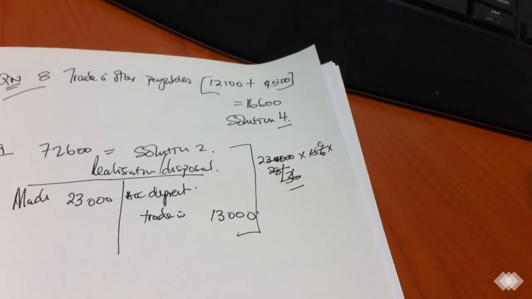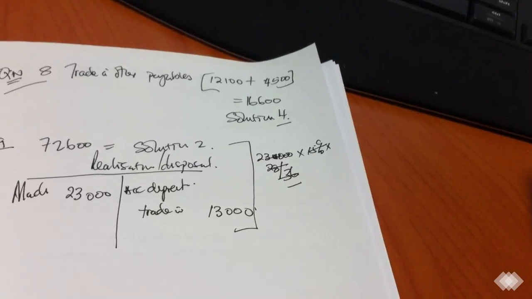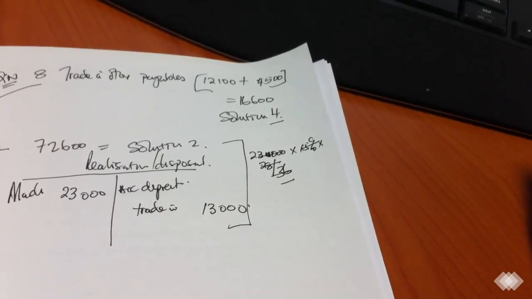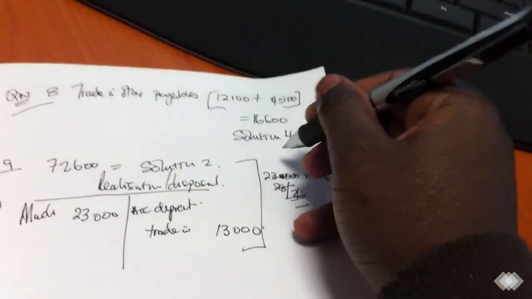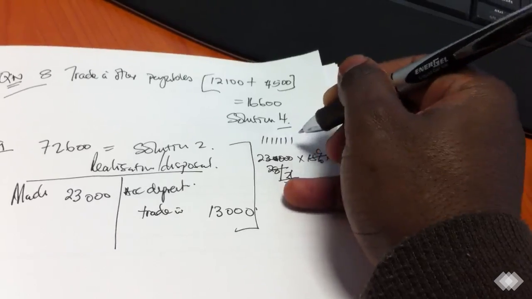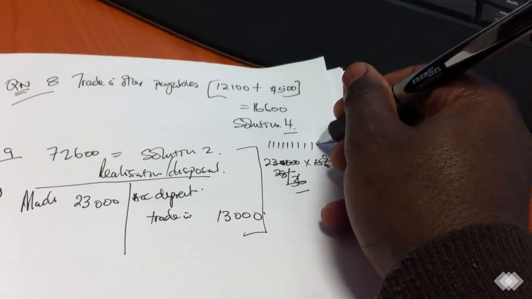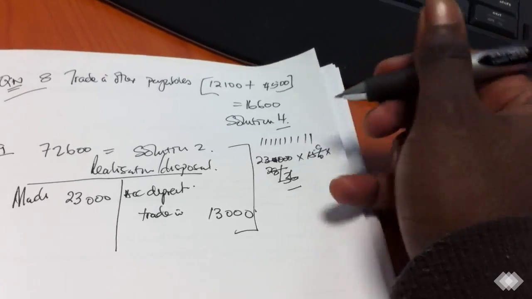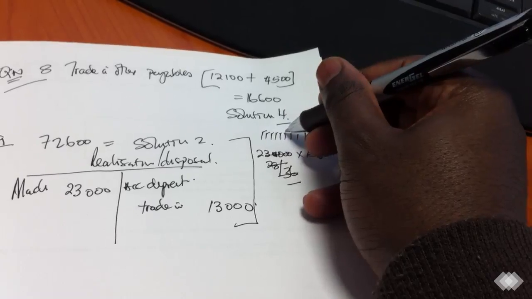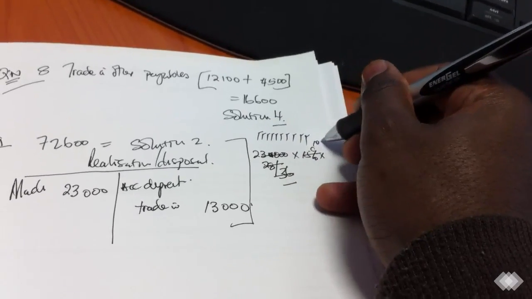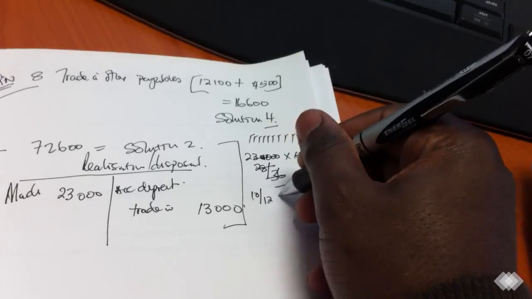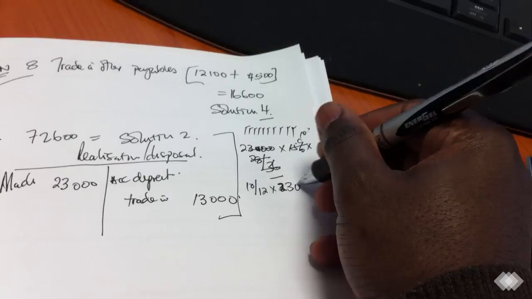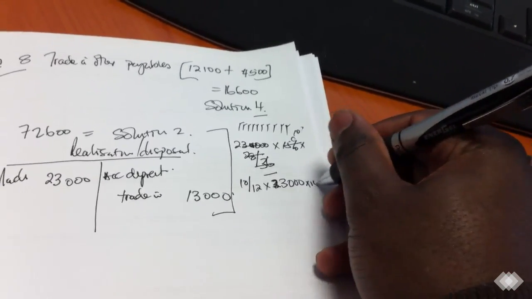So say May, June, July, August, September, October, November, December, January, February. February is the year end, so that's 10 months. So we're saying 10 over 12 multiplied by 23,123 multiplied by 15%.